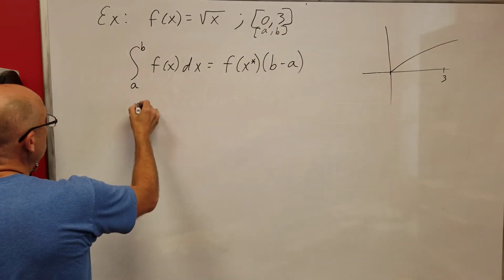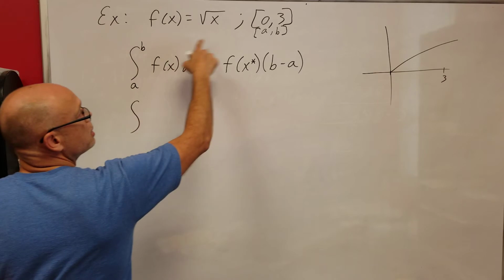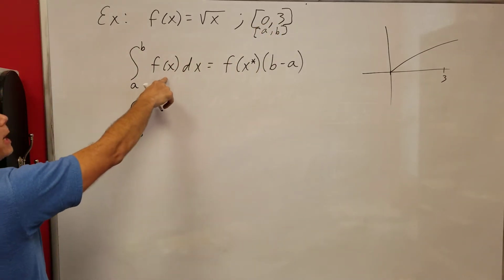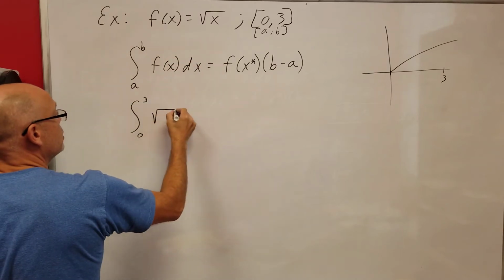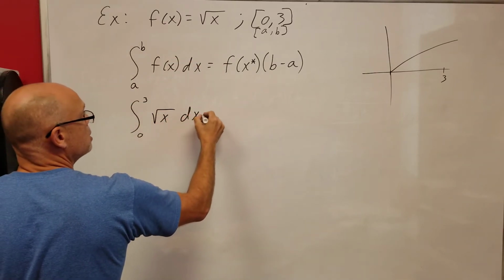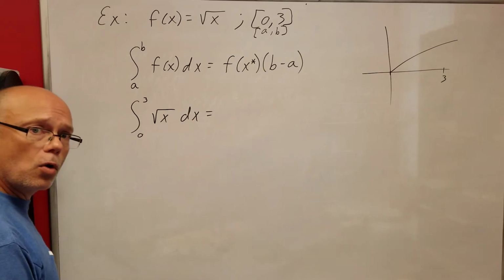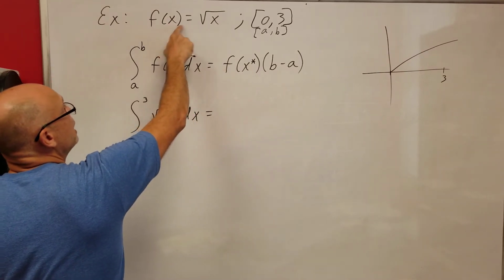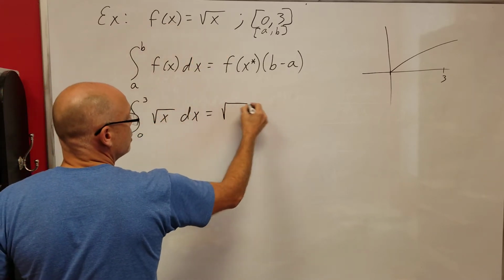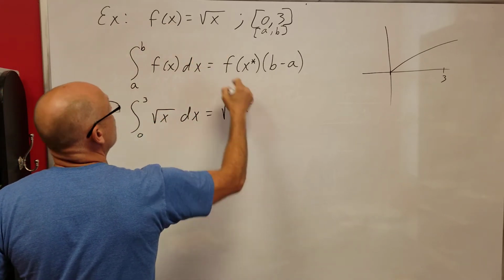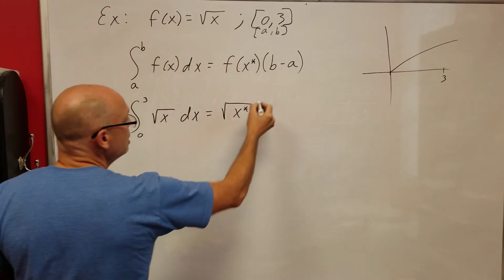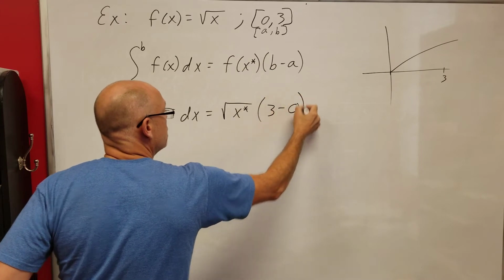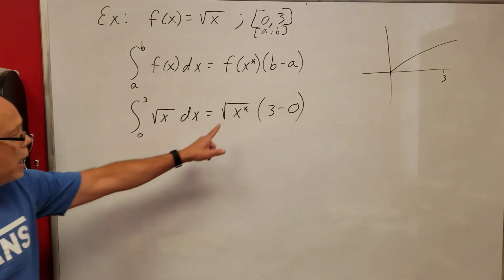So if I fill in now, I have the integral from 0 to 3 of f of x, which is square root of x dx, is equal to f at x star. So what does this mean? This means evaluate f at x star. So you're going to have the square root of x star instead of x, times b minus a, 3 minus 0, and we want to find that value of x star, okay?